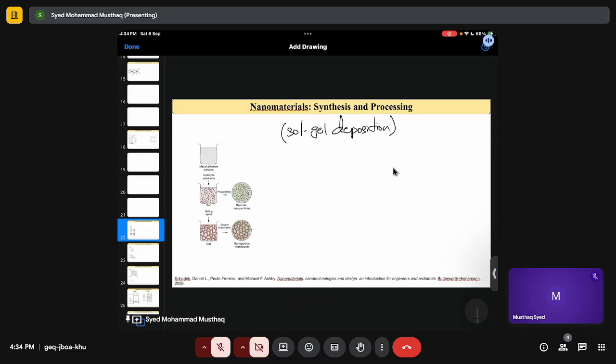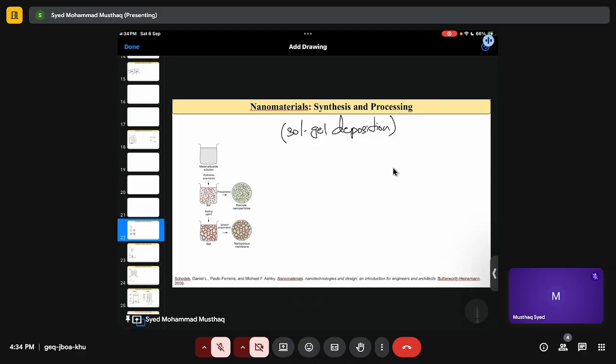So what happens in sol gel deposition? What do we make from sol gel deposition? We make ultra fine particles, nano thickness films, and nanoporous membranes can also be made from this sol gel process.